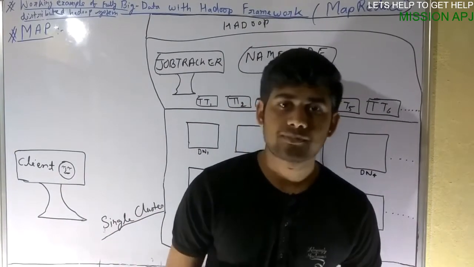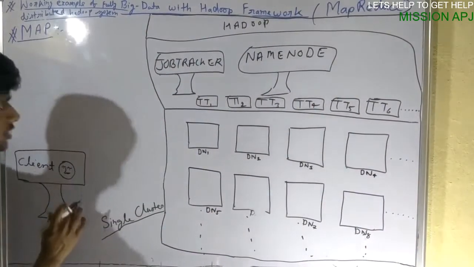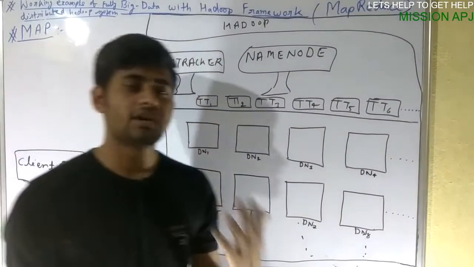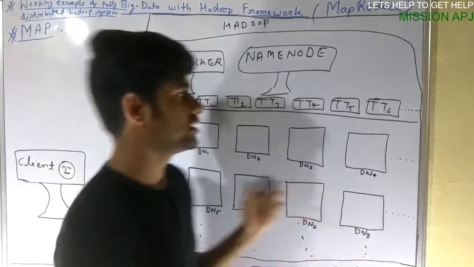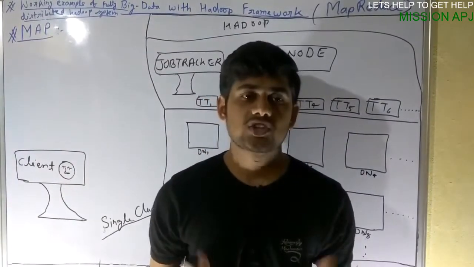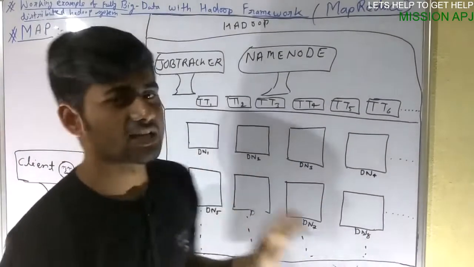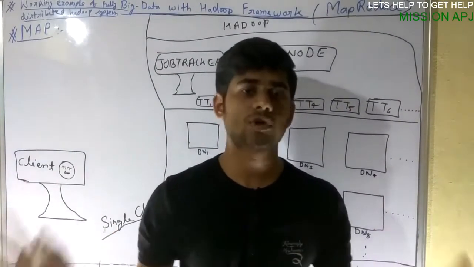Now in this map process, we have understood that our data has already been stored in the HDFS way in our data center. Suppose our data is stored in a cluster. I am taking one cluster only here, although in a data center there are a huge number of clusters.